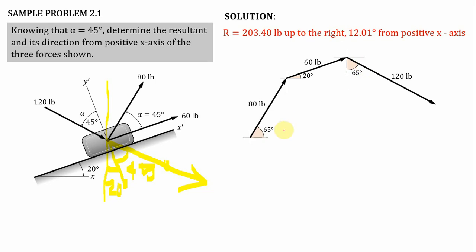And then, kung gusto natin kunin yung resultant force niya, kailangan nyo muna i-point out kung saan kayo nag-reference point. Yung reference point is nandito. Dito ako nagsimula. So, dito ako mag-reference point.